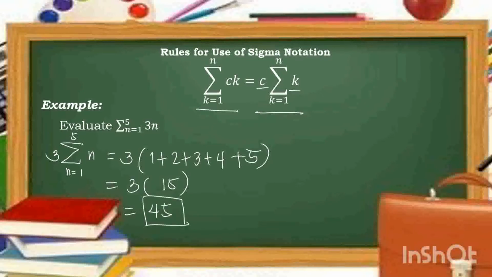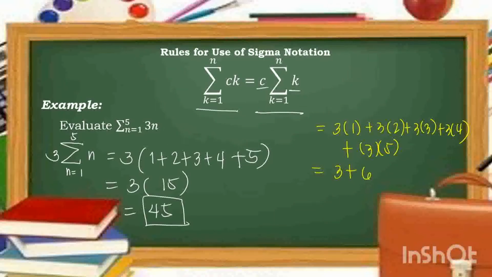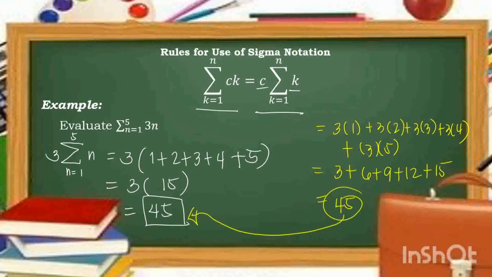This is just the same as 3 times 1 plus 3 times 2 plus 3 times 3 plus 3 times 4 plus 3 times 5. So 3 plus 6 plus 9 plus 12 plus 15 is equal to 45. So this is just the same.